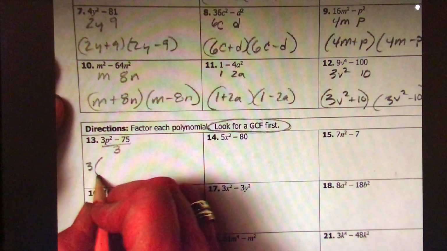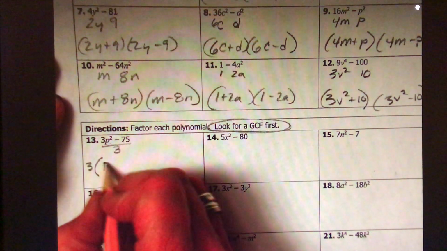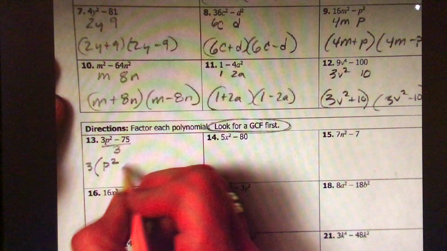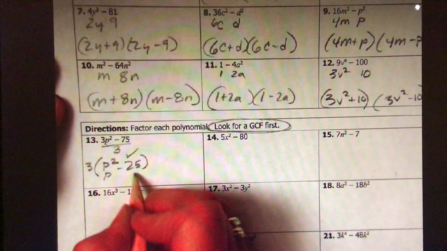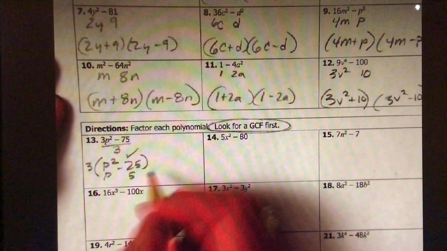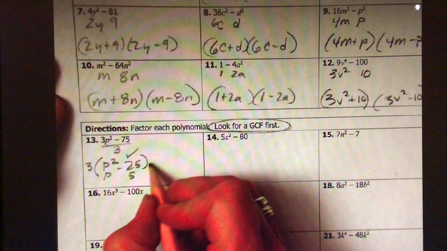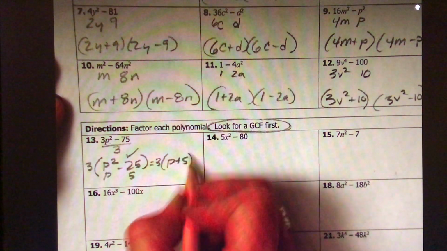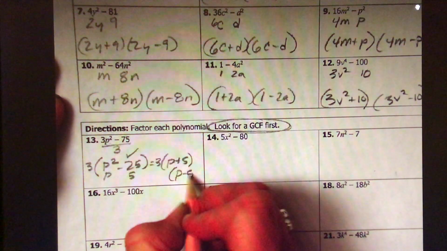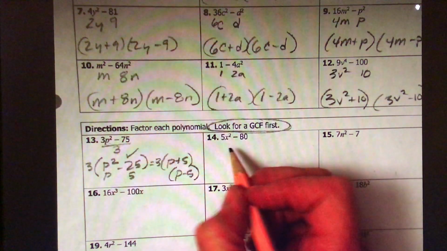I've got 3, and then I've got p squared, and then 75 divided by 3 is 25. Now I have a difference of squares. I've got p, I've got 5. So now this becomes 3, p plus 5, and then p minus 5. I'm going to write it a little better.